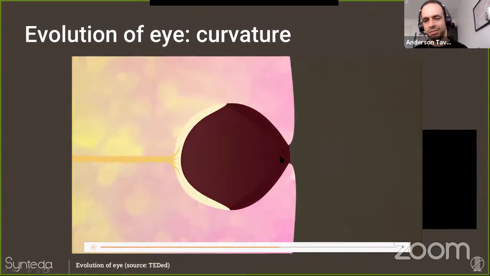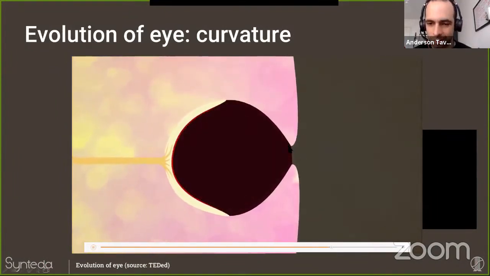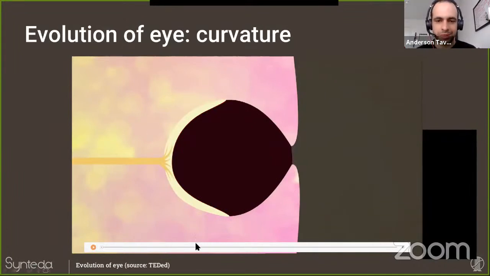In order to have just a tiny hole that allows the light to hit the retina, our photoreceptors here, we could get a better sense of direction. So just a small part of the receptors of the retina can be hit by light of a given direction.